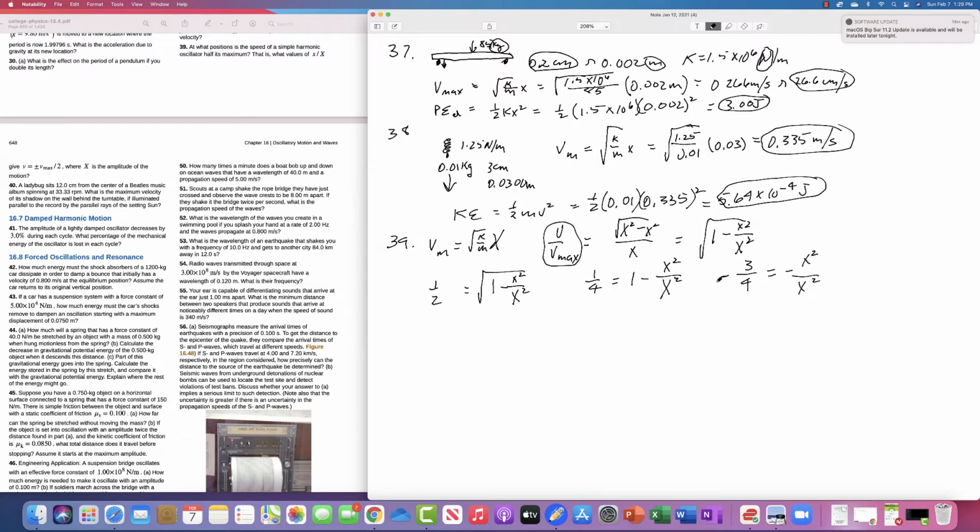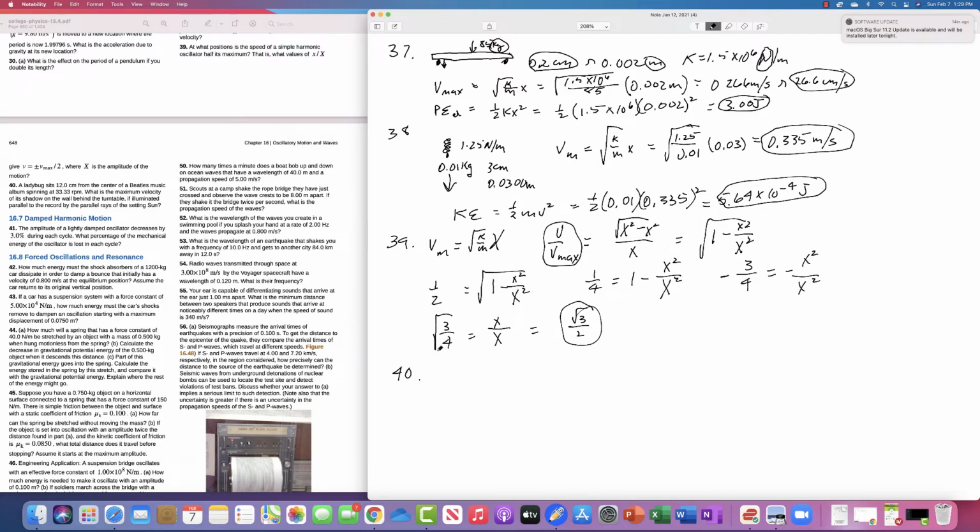So those minuses go away, and you take the square root of this, and that's going to give you little x over big X, which is what you're looking for. You simplify this, and it ends up with the square root of 3 over 2. And that's the answer: the ratio of the little x to the big total amplitude is going to equal the square root of 3 over 2. So it's not exactly 1/2.